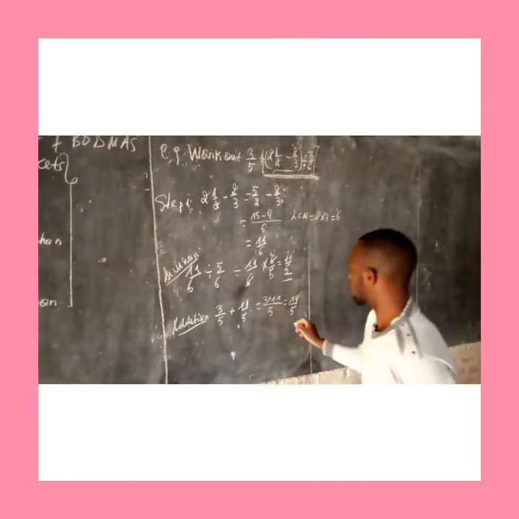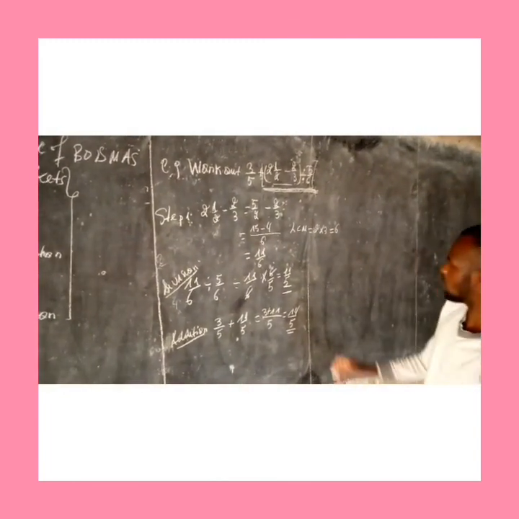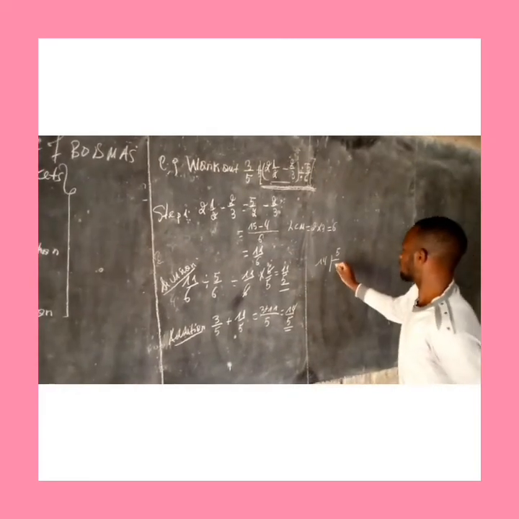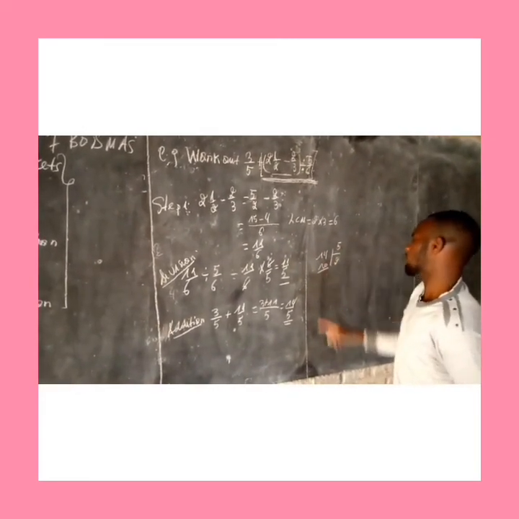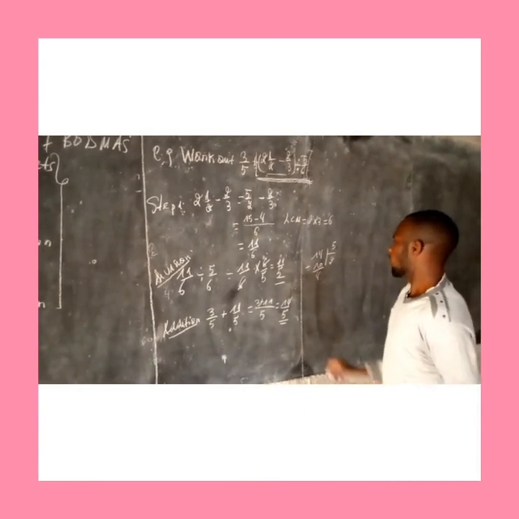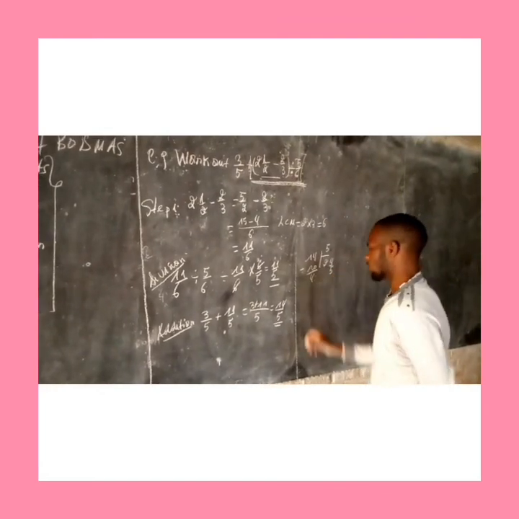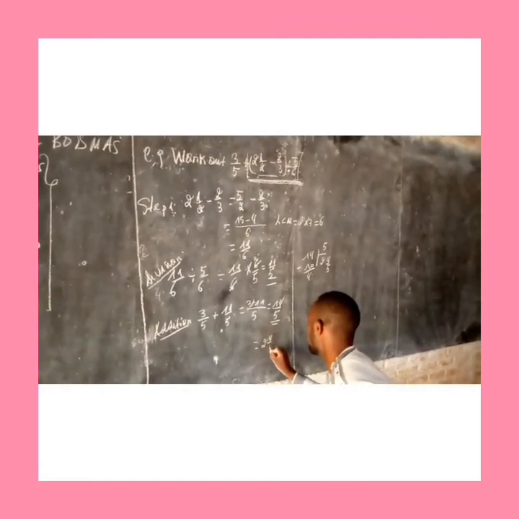Means that the solution is equal to 14 over 5. Or you can change 14 over 5: 14 divided by 5, here I put 2. 2 times 5 you get 10. So now 14 minus 10 we get 4. And now the solution becomes 2 and 4 over 5.